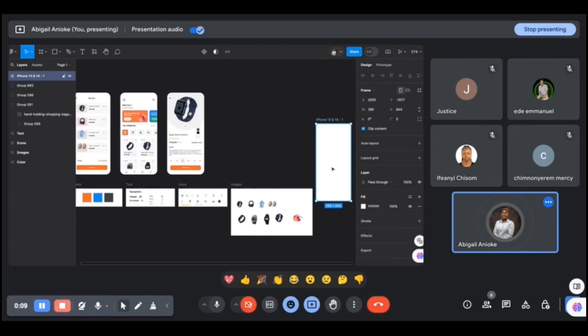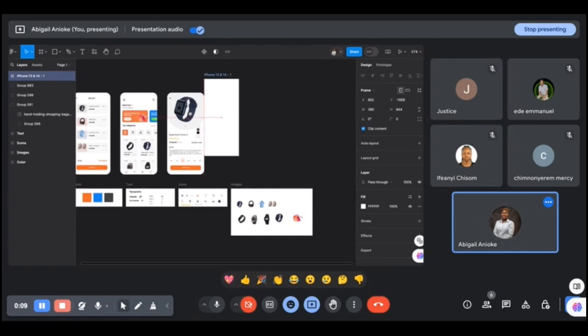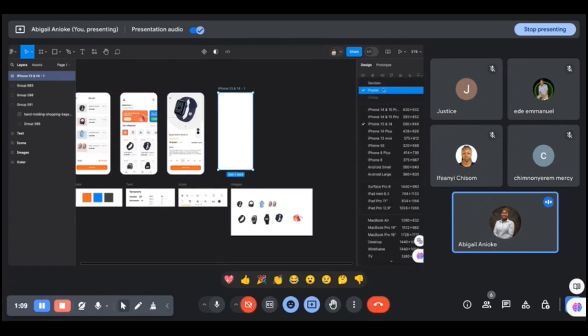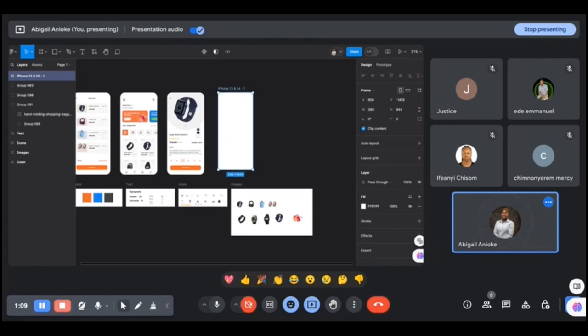So for this start, I'll be using a mobile screen. Let me use the dimension of, so here we have iPhone 14 Pro and the rest of that. So what Figma does is that when a new product comes out, like phones, they keep updating. As of 2020, there was no iPhone 12, 13, 14 there, if I'm not mistaken.